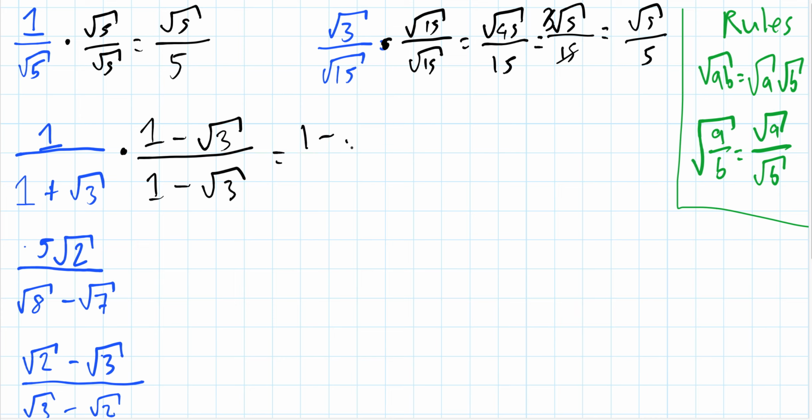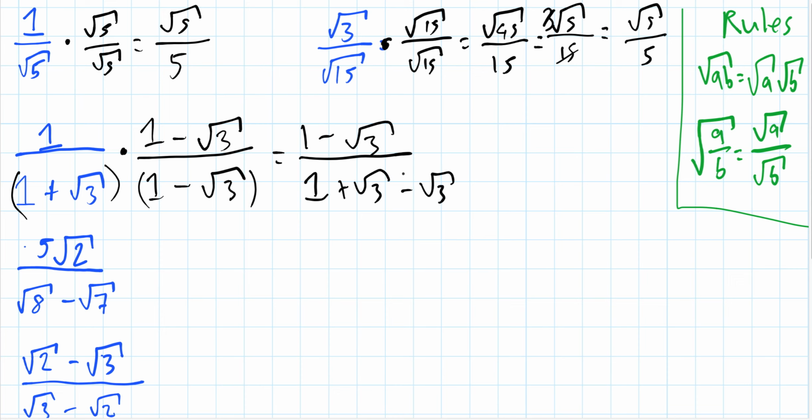Times 1 is 1 minus square root 3 on top over, and then we do our double brackets, which we looked at last video. 1 plus square root 3 minus square root 3 minus 3, which equals 1 minus square root 3 over, cancels out, the 1 minus 3 is minus 2.